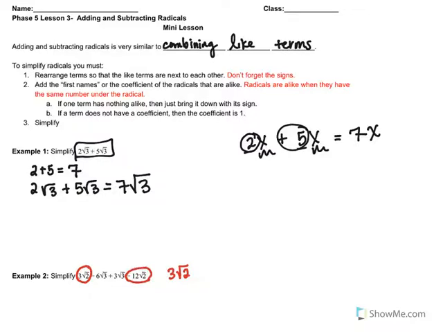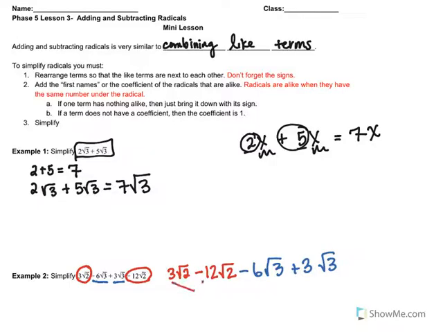And remember to always bring the sign that is next to the coefficient, the number outside of the radical. So I have 3 radical 2, then I have negative 12 radical 2. Now the other last name here is radical 3, so I have negative 6 radical 3, and I have positive 3 radical 3. So now I know the things that I need to combine.